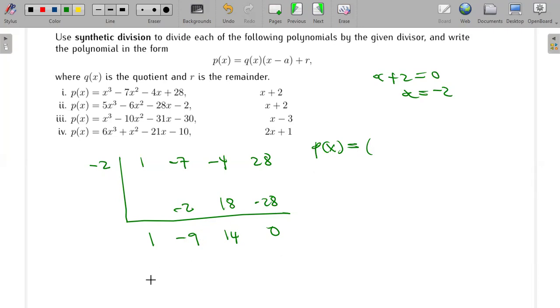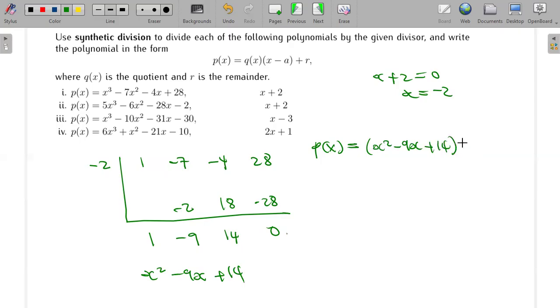So it means that this is going to be x to the power 2, since that was x to the power 3. Then you have minus 9x, and then plus 14. The number that you always get at the end is the remainder. In this case, our remainder is 0. So our quotient is x squared minus 9x plus 14.